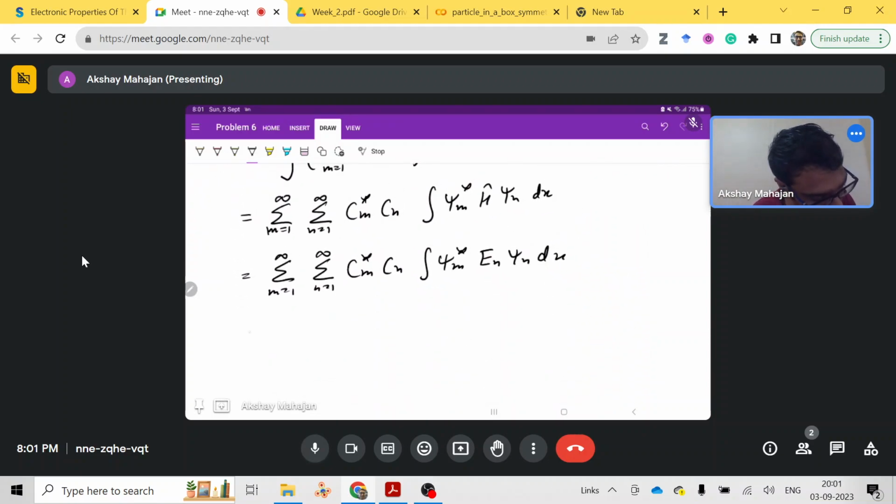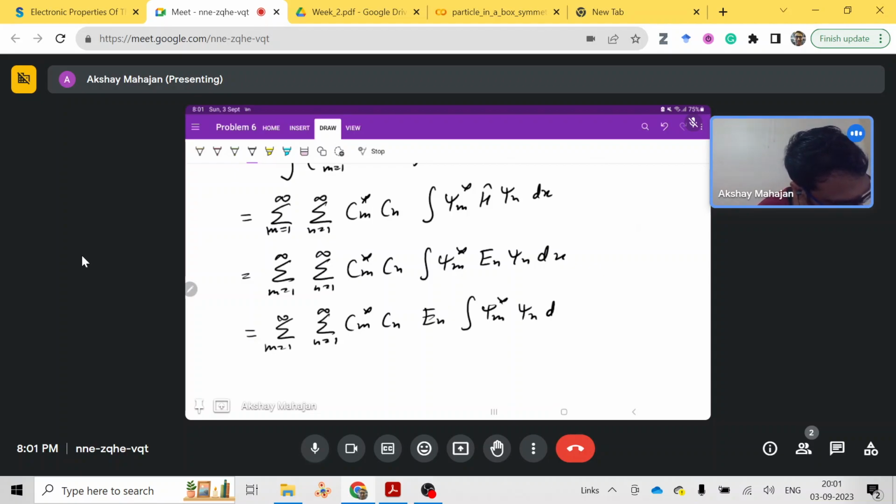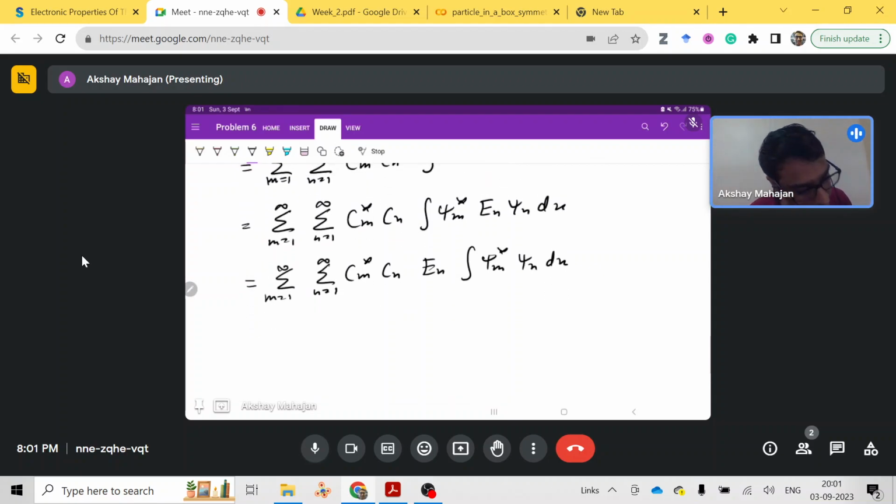Now again, we have summation of m equals 1 to infinity, summation of n equal 1 to infinity cm star cn En times the integration of psi m star psi n dx, and again this will be equal to the Kronecker delta.